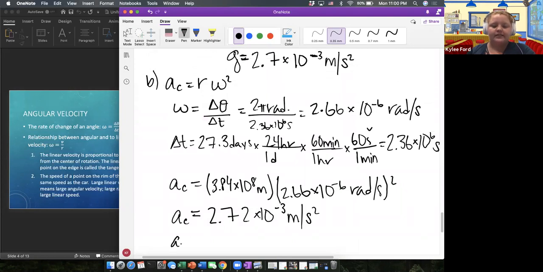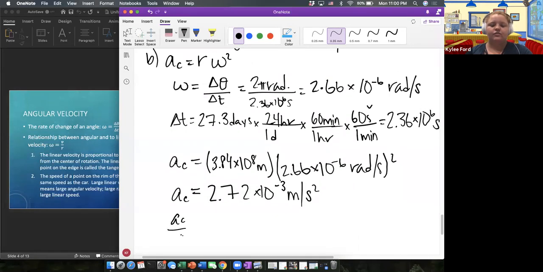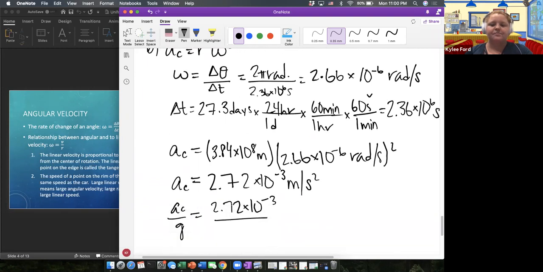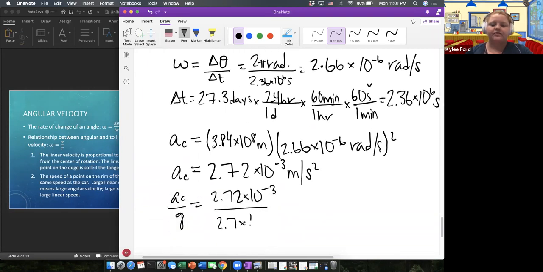We can say AC over G, 2.72 times 10 to the negative 3, I'm ignoring the units because they're the same, divided by 2.7 times 10 to the negative 3. And I get about 1.0 approximately. Okay, so these two are pretty much the same value.